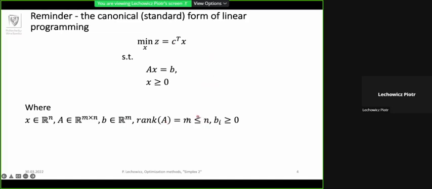Otherwise, if the number of equality constraints is greater, we probably have an empty feasible set, so we cannot find any optimal solution because there is no solution to such a problem.